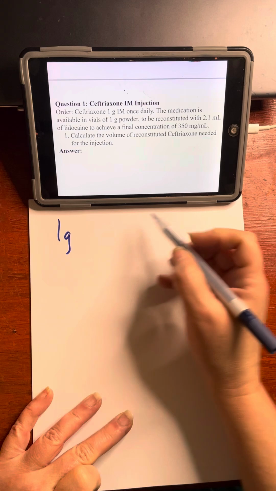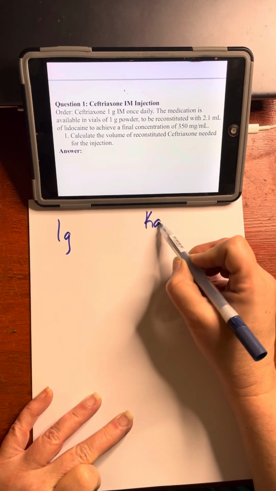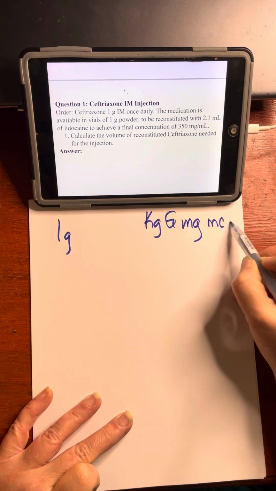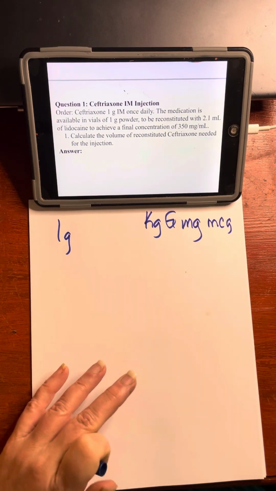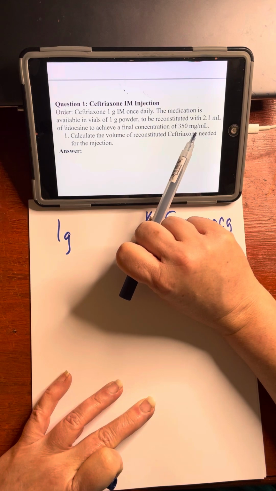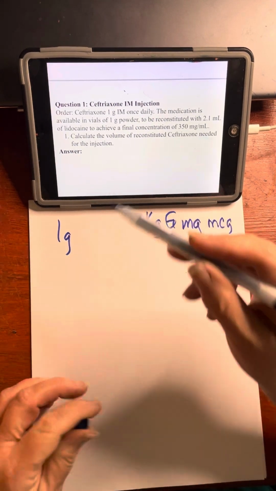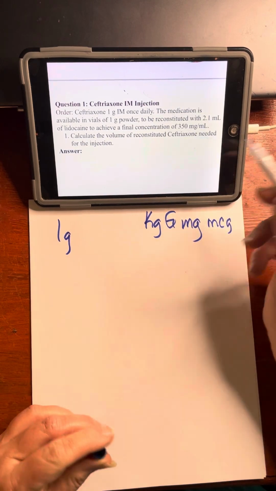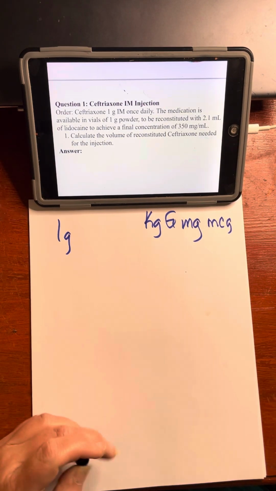1 gram. You know, kilograms, grams, milligrams, and micrograms. We got to convert it because what we have in our hand is in milligrams. And I'm going to get rid of the decimal. I'm not going to convert that to grams because a decimal will kill somebody.